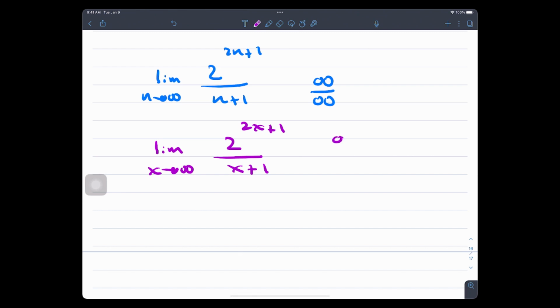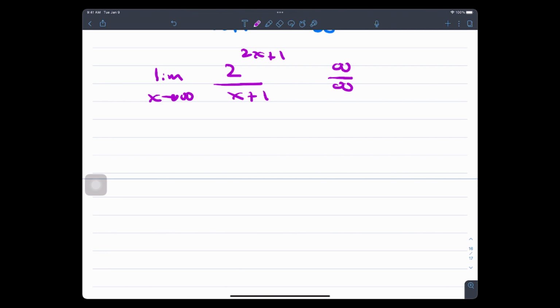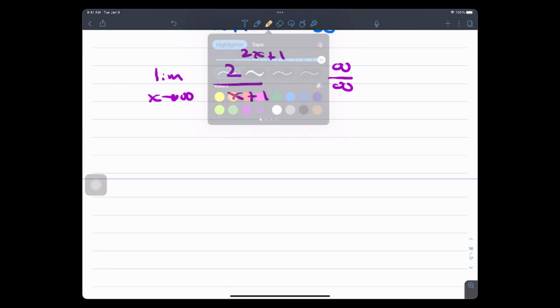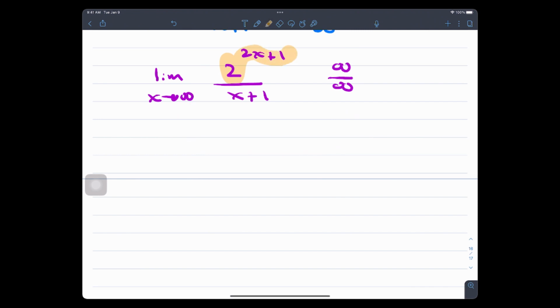And here you say, oh, isn't that infinity over infinity? It is. But then you're going to have to take the derivative of that numerator divided by the what? Denominator. Is that right? No, it's not quotient rule.